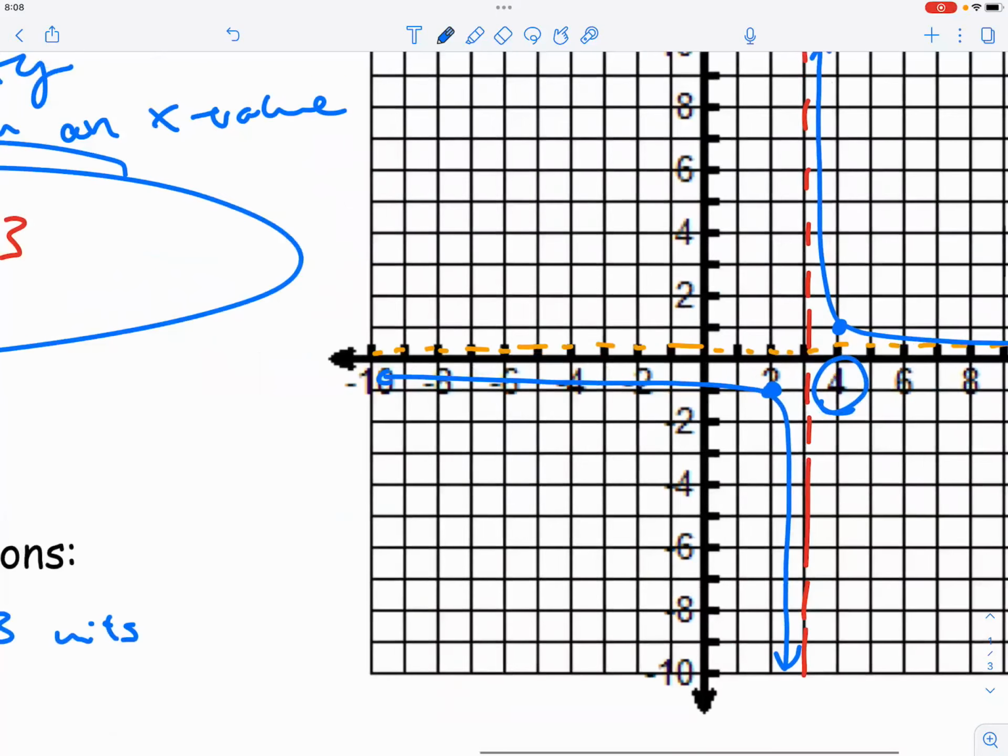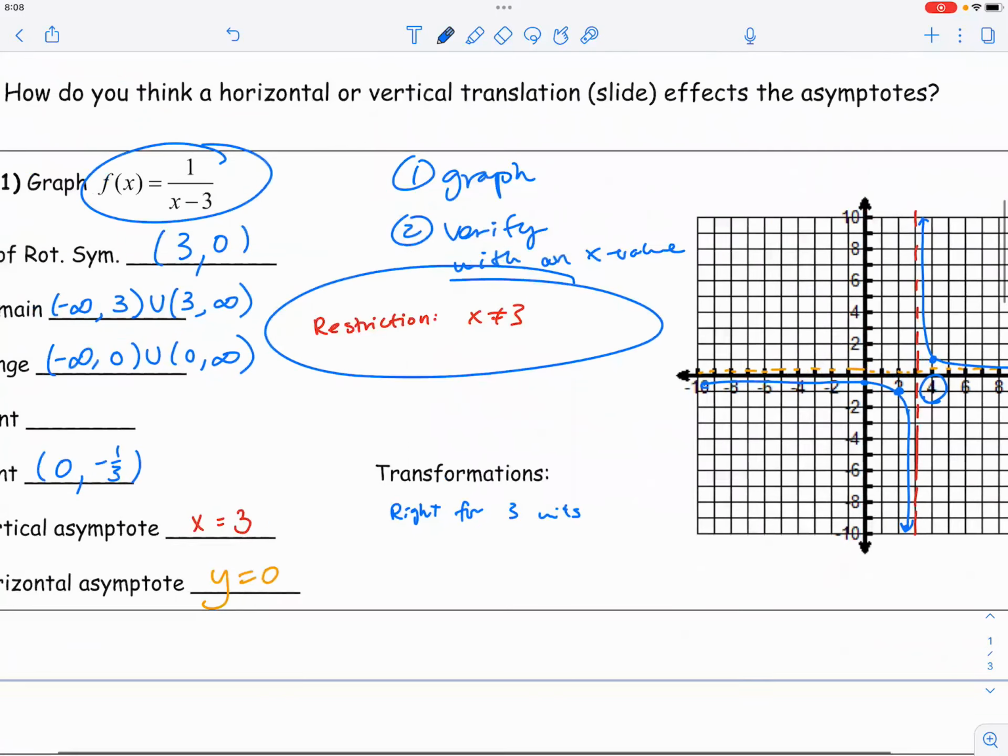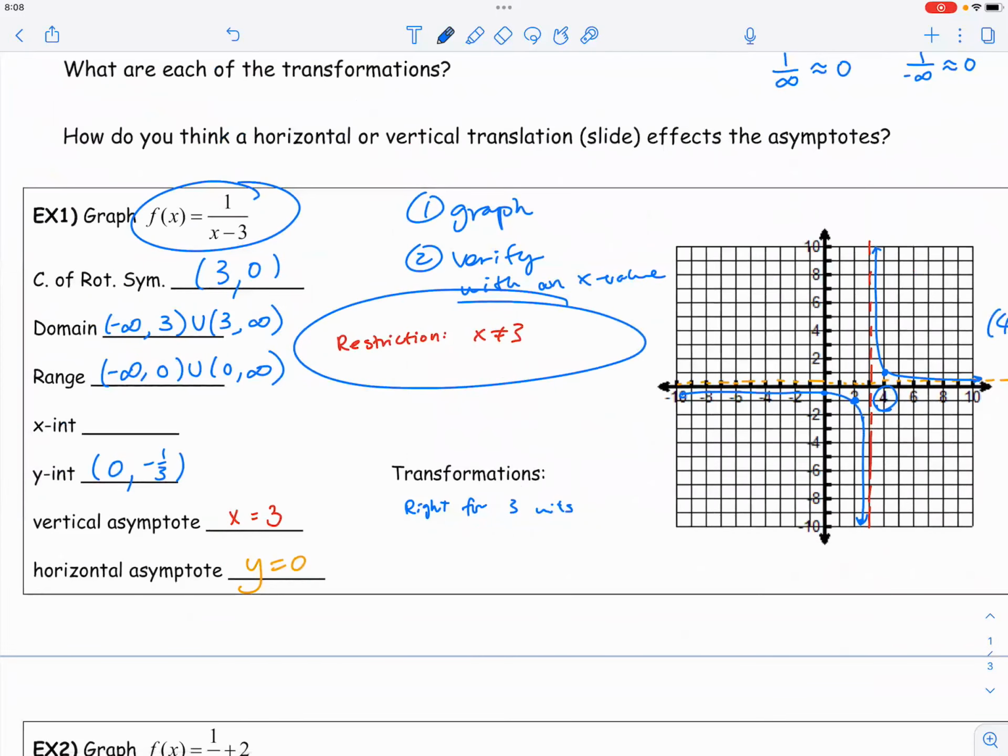So maybe I would modify my graph a little bit. So -1/3 should be right here, to reflect the accuracy of my drawing. So -1/3.